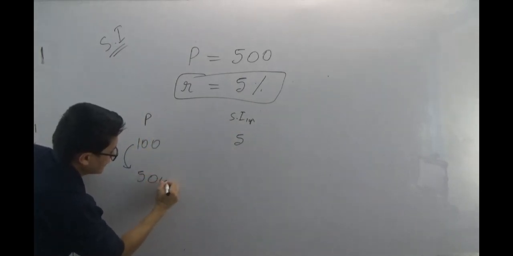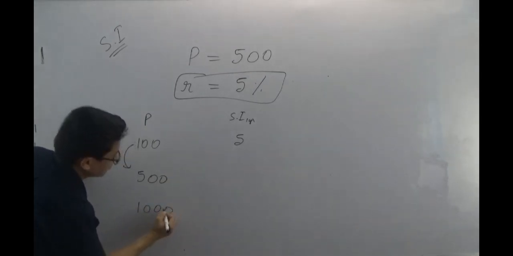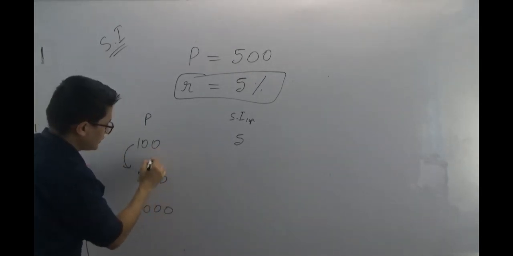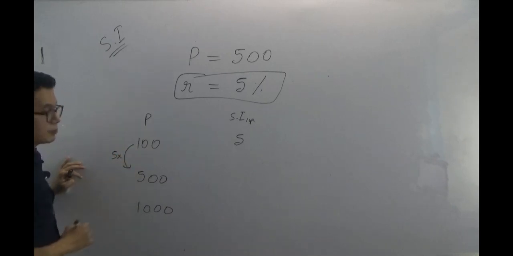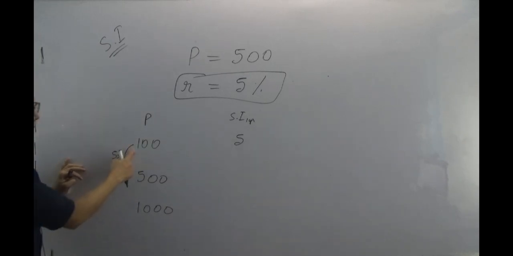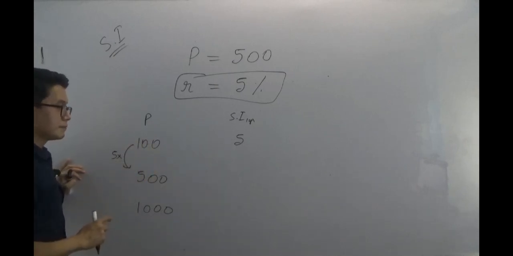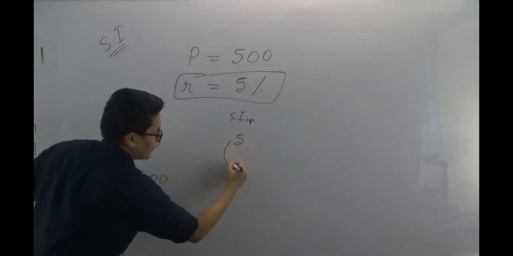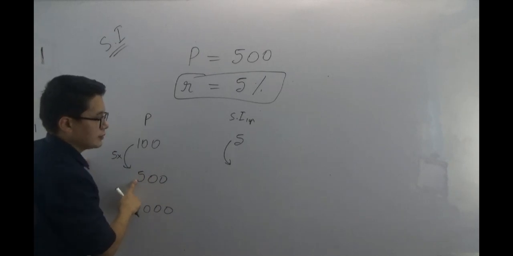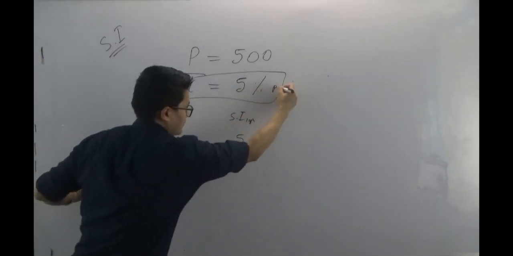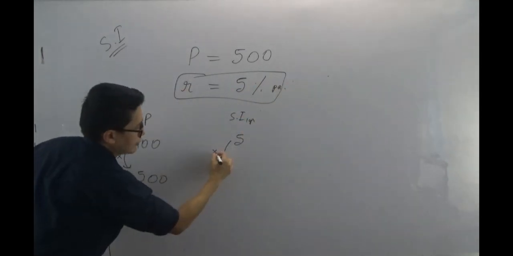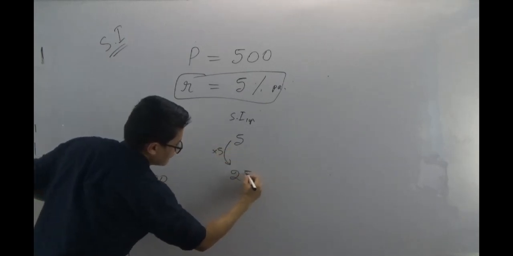Now if I change the principal to 500 or even 1000, the interest changes too. 100 becomes 500, which means you are multiplying by 5. So to find the interest for 500 at 5% per annum, you multiply 5 by 5 and it becomes 25.